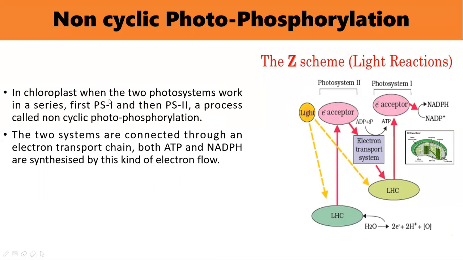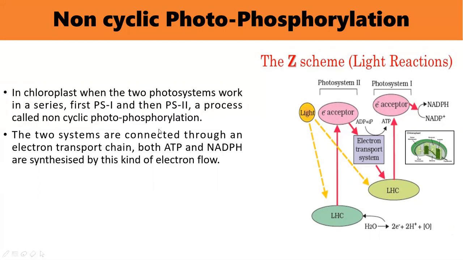In chloroplast, when the two photosystems work in a series, first PS1 and then PS2, the process is called non-cyclic photophosphorylation. Here, both photosystems participate to produce the energy.